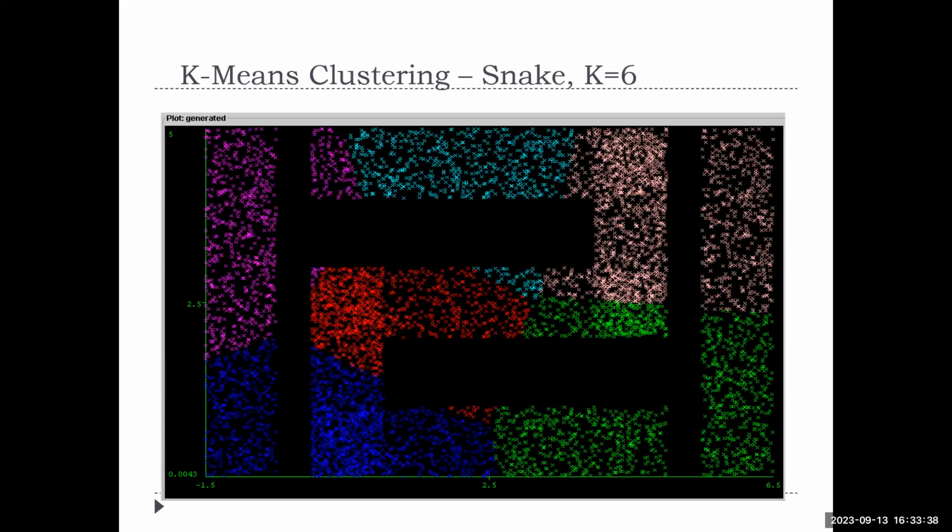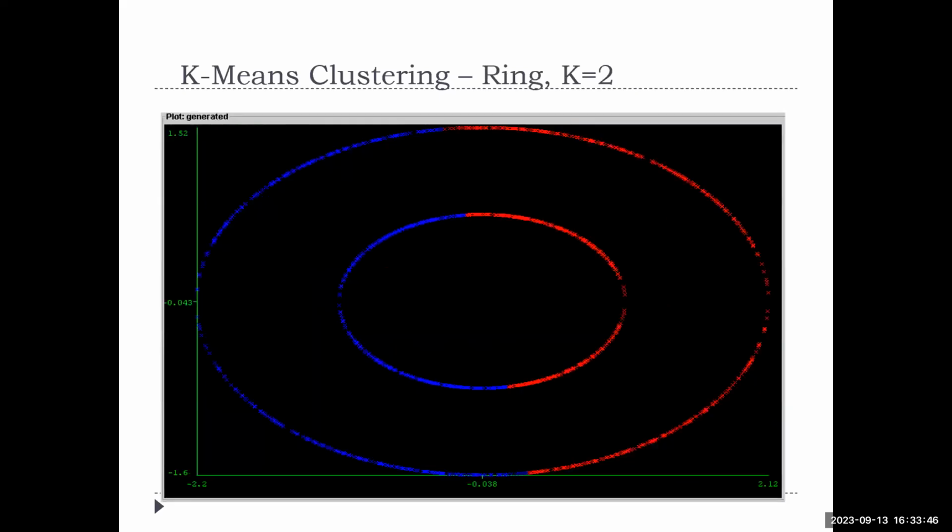When you make k is equal to 6, in this case, it didn't even work right now because the left one still we don't get the proper one. This is ring, 2 rings. So when you ask the system cluster, what you want is each ring is a single cluster.